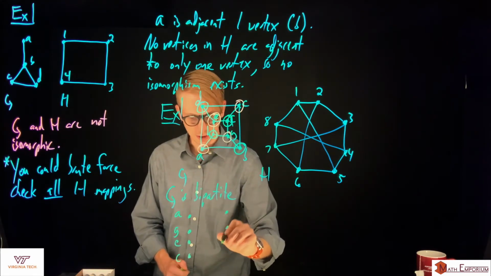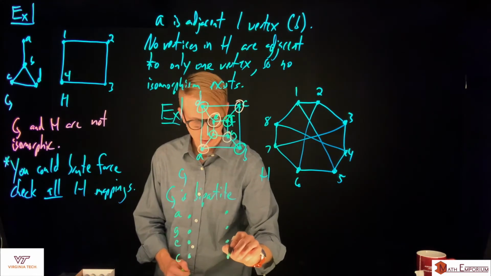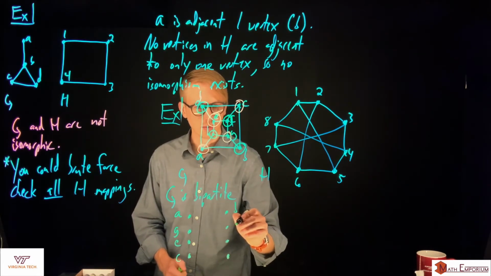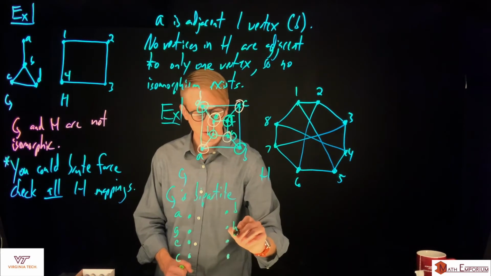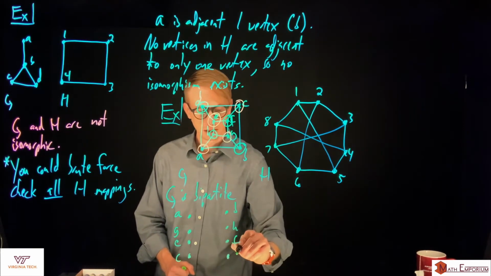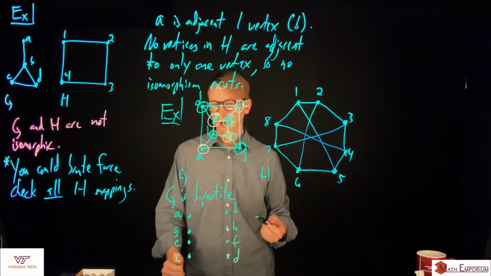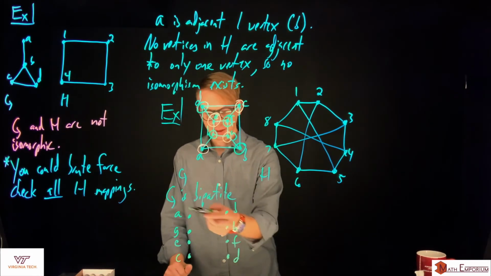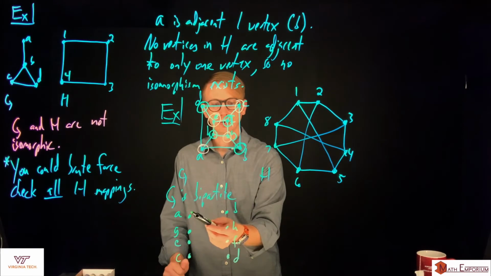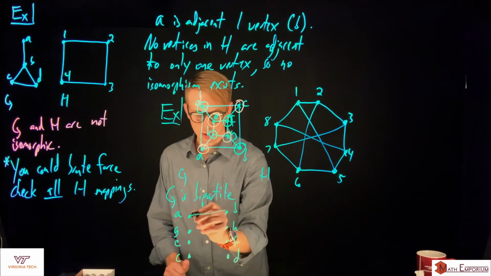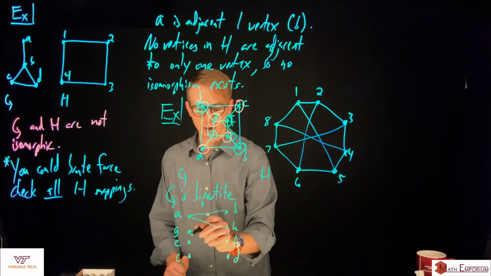It doesn't really matter which ones I write where, as long as they're on the right-hand side. So B, H, F, and D. Then I'm just going to write down what A is adjacent to and connect them. So A is adjacent to B, it's adjacent to H, and then it's adjacent to D.